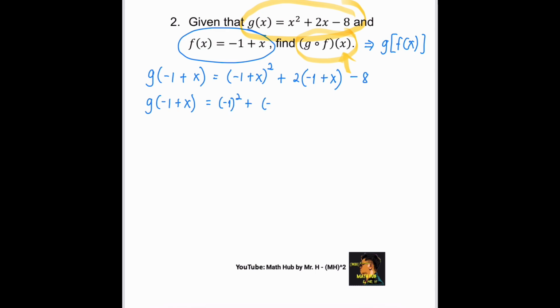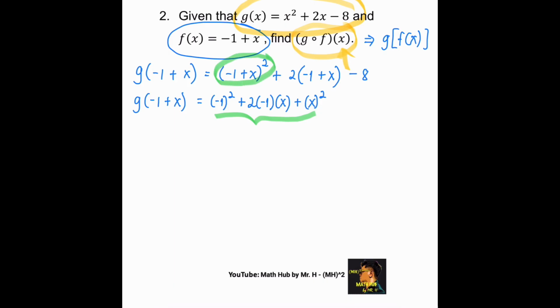Then negative 1 times the second term, x, and we multiply by positive 2. And then for the third term, we take the second term, x, and we square that. This is everything for this term.